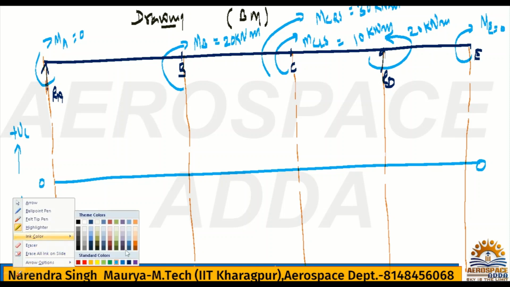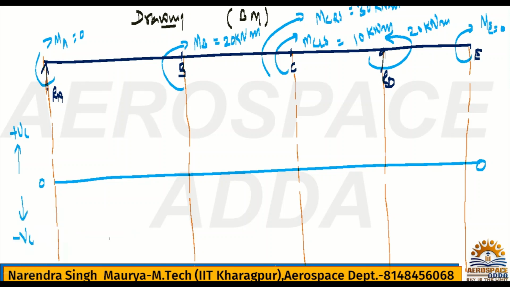Now we'll indicate all the values. At point A it is 0, at point B it is positive 20 kilonewton meter.